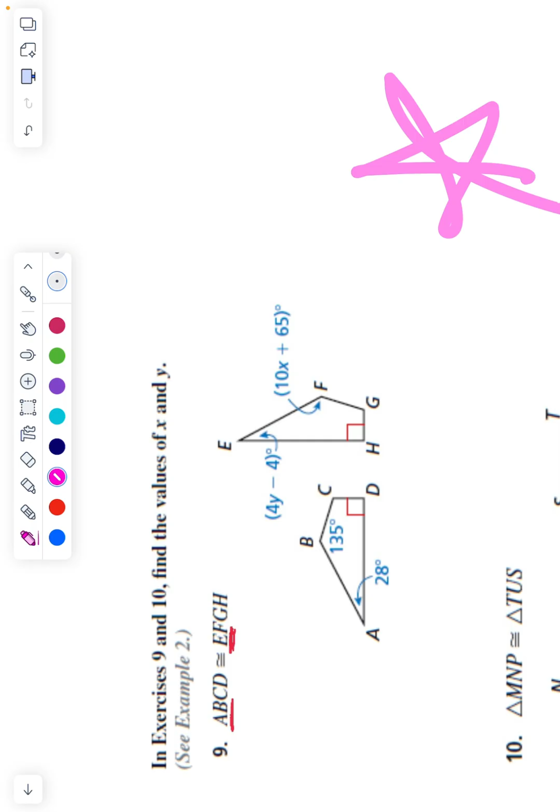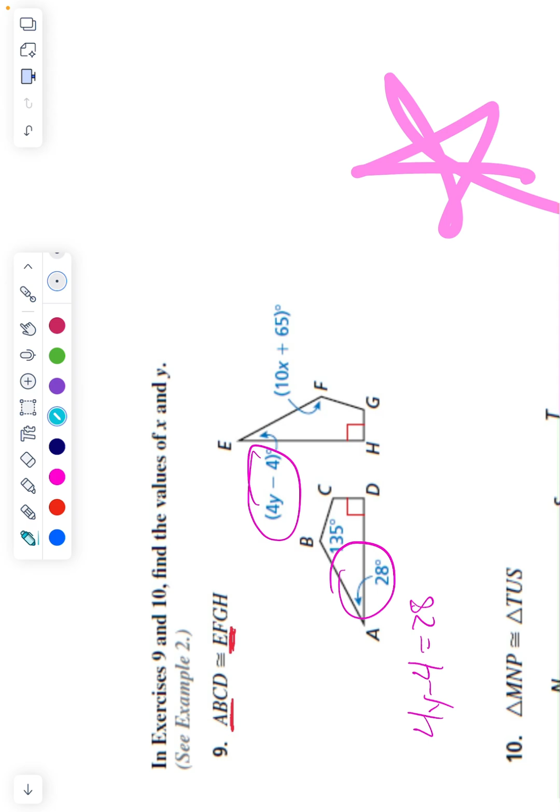See how this is 4 letters instead of 3, but it still tells us the figures are congruent. So what can we do to solve? It says find x and y. Why? Those are told to be congruent when they're on the same angle.